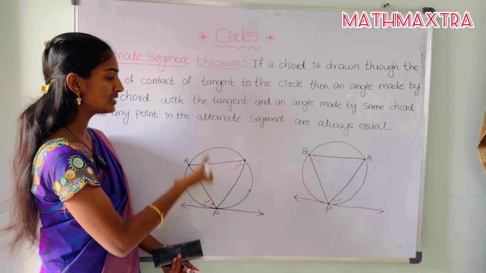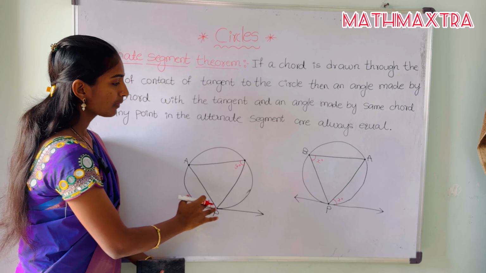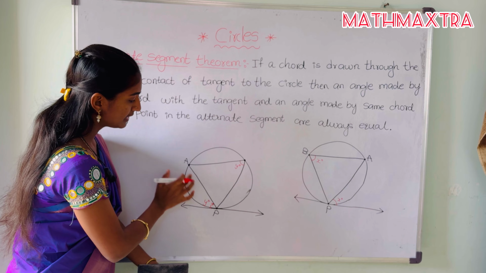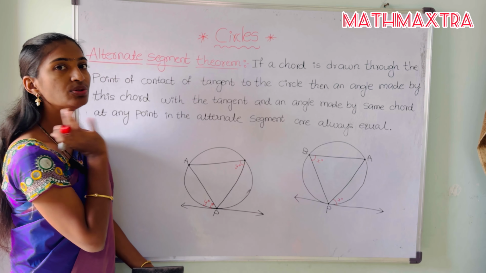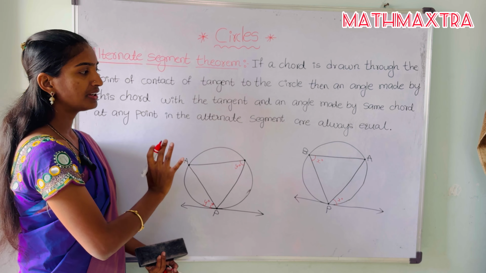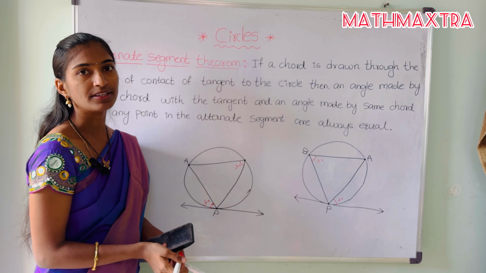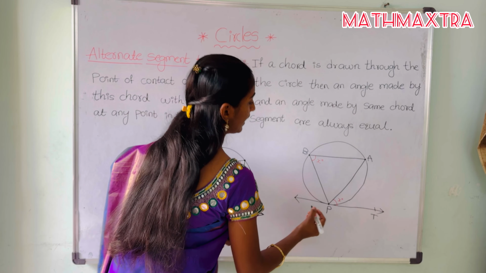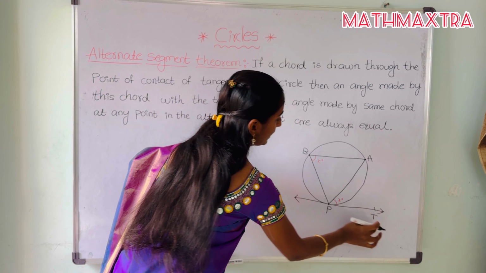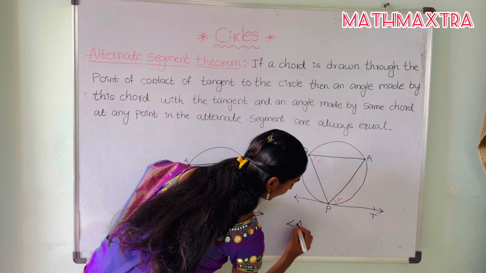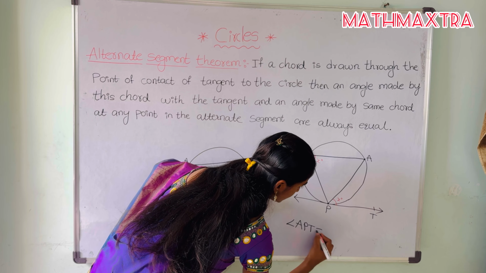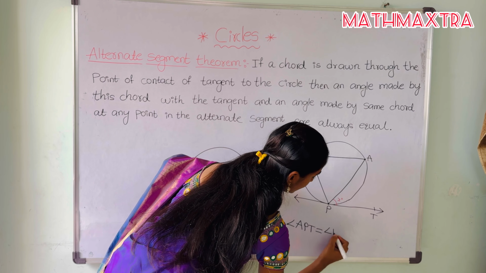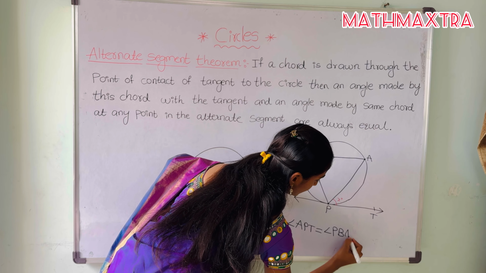This also represents the same theorem, but the segment here is given like this. You have to identify that the given figure represents the alternate segment theorem. So we can write this as angle APT, which is equal to angle PBA.